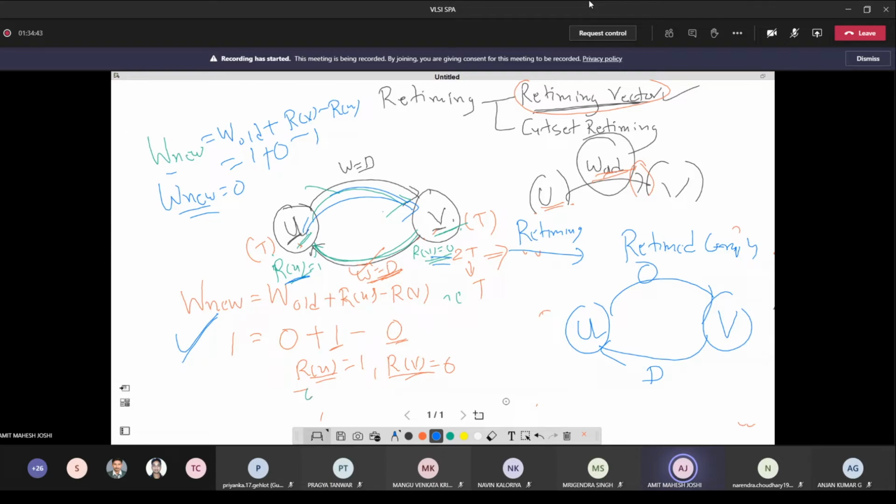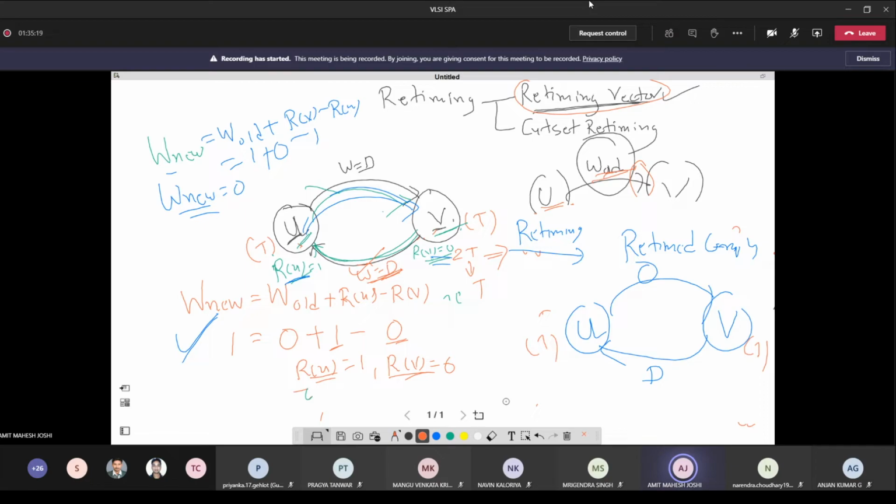W has to be an integer. That I just said in my previous slide, because W represents your delay. So delay is nothing but my clock. So always the clock has to be 1 clock, 2 clock, 3 clock. There is no 1.5 or 1.2 clock. Ultimately, the number of clocks has to be an integer value. So W has to be an integer value. And with this, I have observed that now my new retime graph is this.